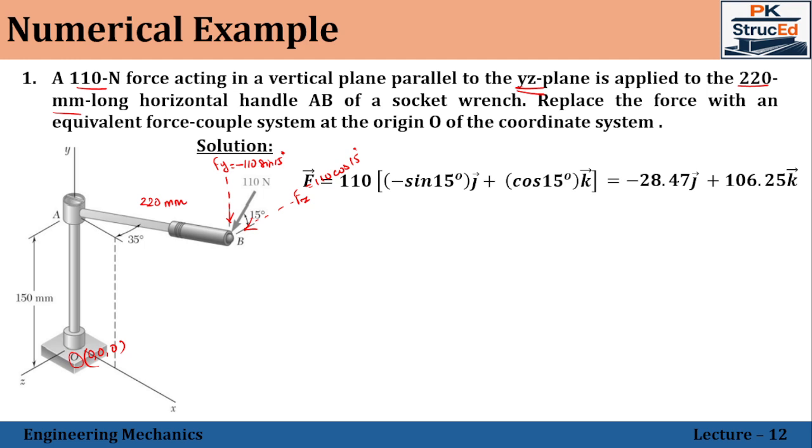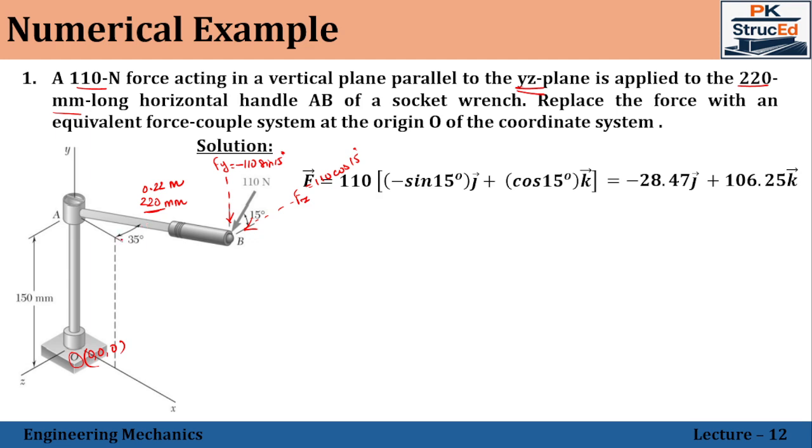So in that case, first let me calculate the coordinates of the point B. Here, the length of the handle is 220 mm, or otherwise 0.22 meter, which is inclined at an angle of 35 degrees with respect to your x-axis. So the x component of the point B will be 0.22 into cos 35.